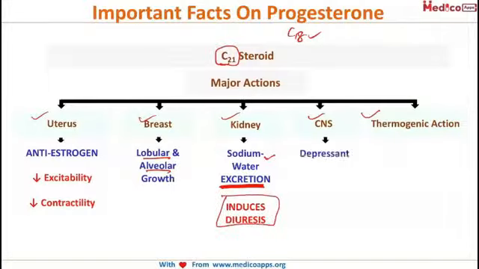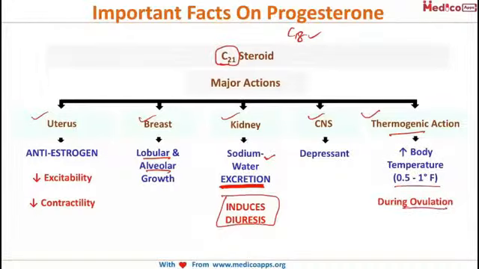Also, it is a CNS depressant, and it is thermogenic. That means it increases the body temperature by half to 1 degree Fahrenheit, that is during ovulation. Okay. So on the uterus it is anti-estrogen, on the kidney it is anti-estrogen. On the breast it causes growth, CNS causes depression, and thermogenic, that is it increases body temperature, right?